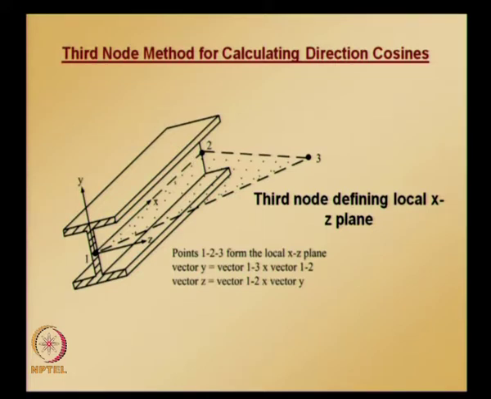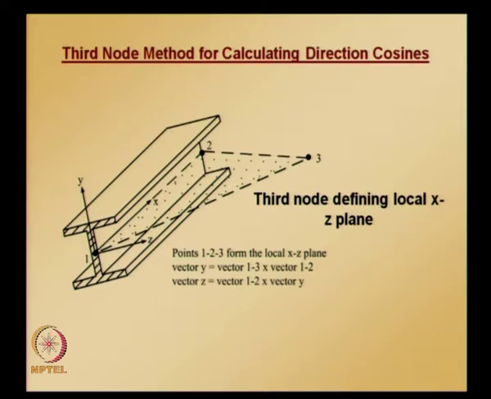local y axis. And once we know the vector along y axis, and using the nodal coordinates of 1 and 2 nodes, we get the vector along local x axis, and cross product of vector along local x axis times local y axis gives us a vector along z axis, which we can normalize to get unit vector along z axis.